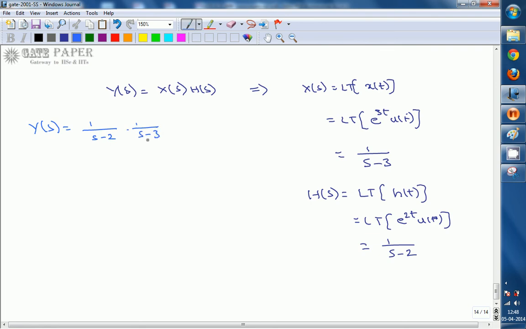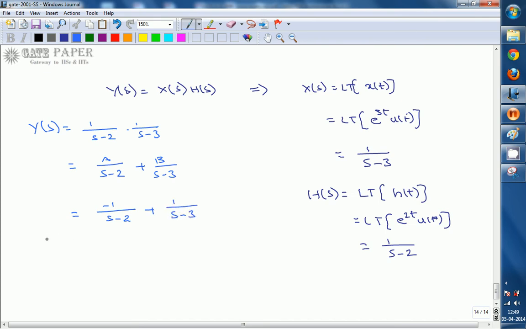Now we need to find y(t) using the partial fraction method. We can write this as A by (s minus 2) plus B by (s minus 3). Finding the A and B values, we get A equals minus 1 and B equals 1, so minus 1 by (s minus 2) plus 1 by (s minus 3).